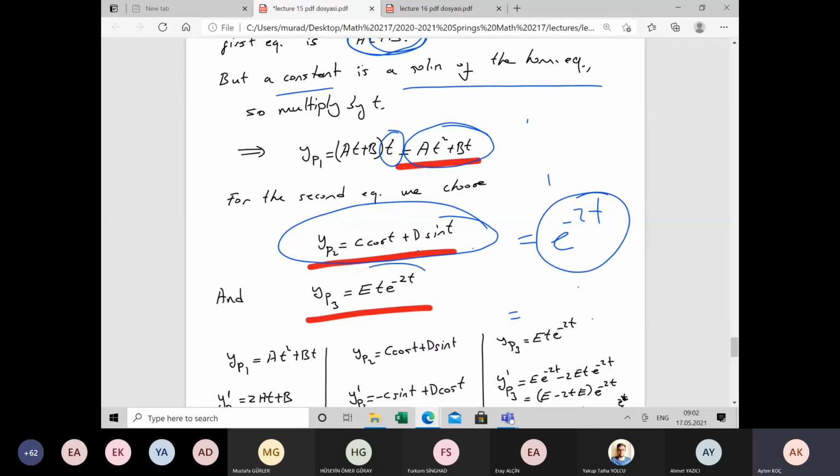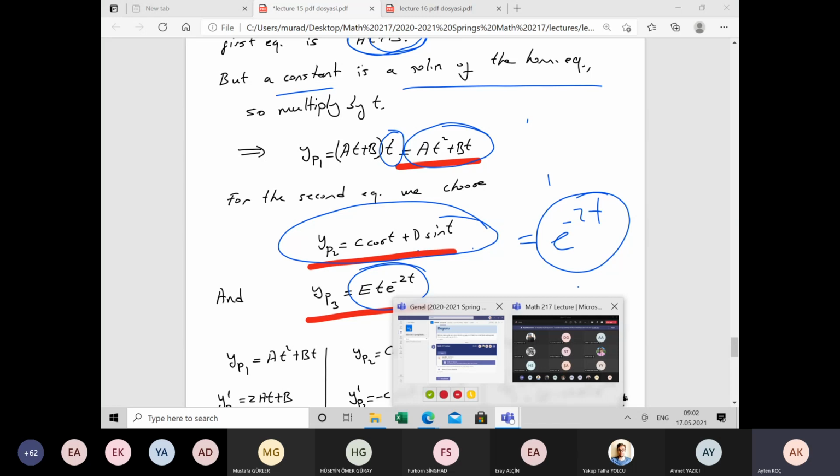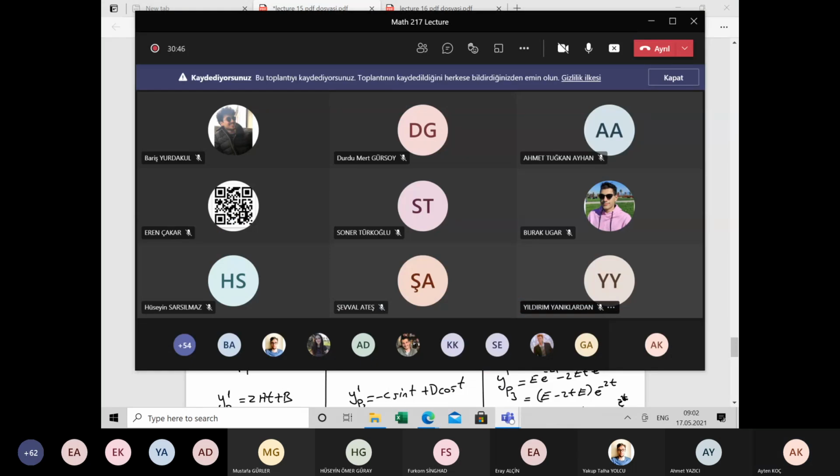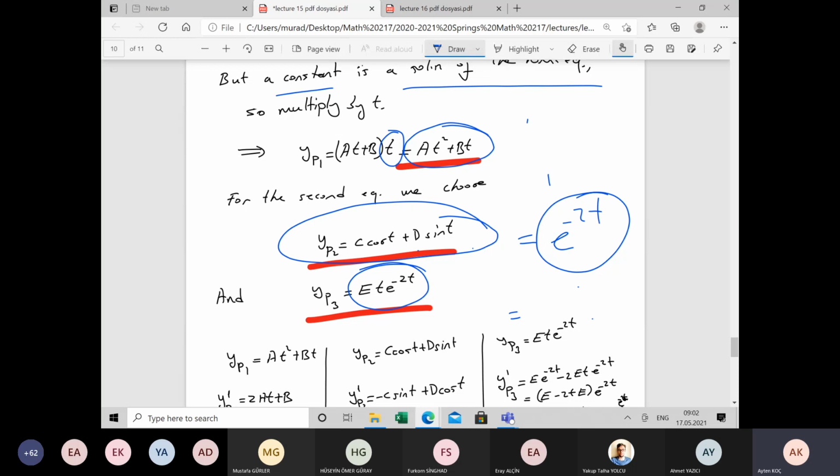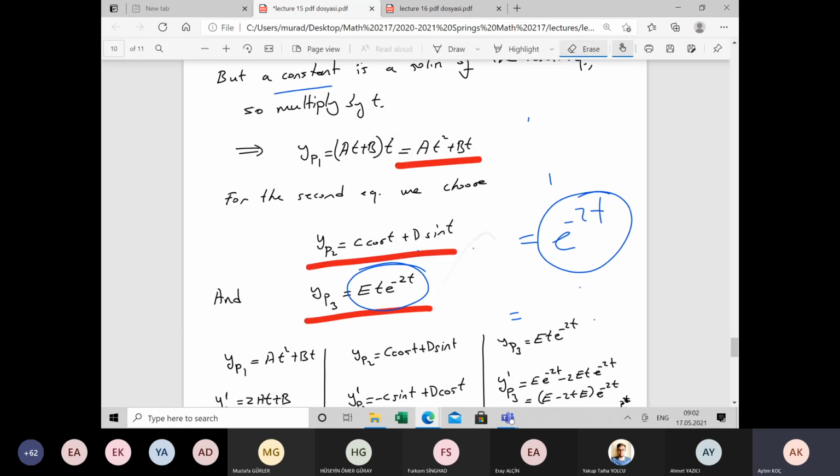Any question about the form of our differential equations? Okay, no question. So now the next step is to find the coefficients, the unknowns.